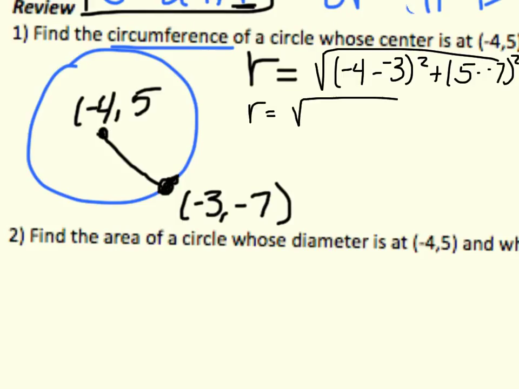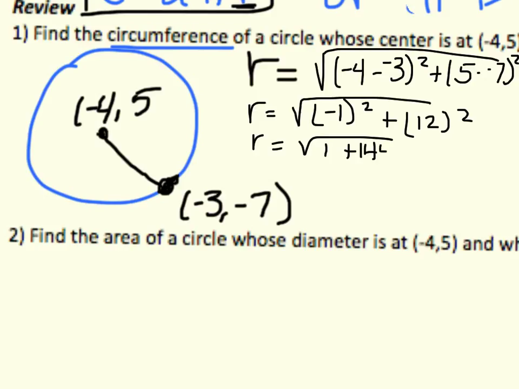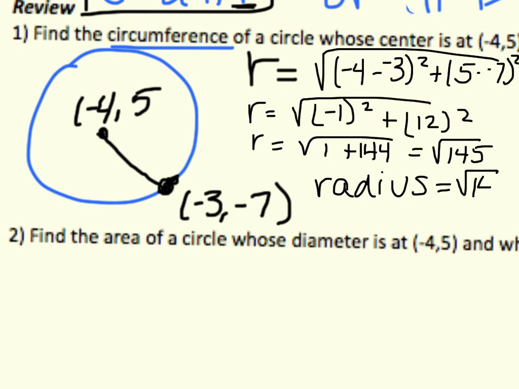So the radius equals the square root of (-1) squared plus 12 squared, which is 1 plus 144, which equals the square root of 145. So that's the radius, the length between the center of the circle and a point on it.